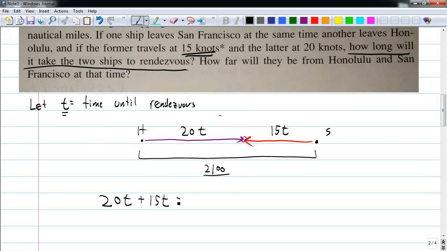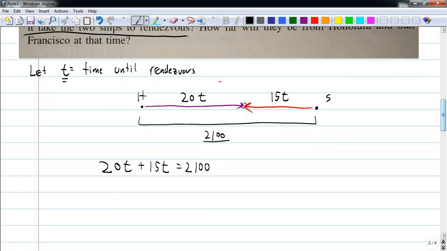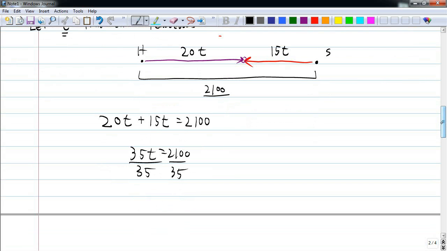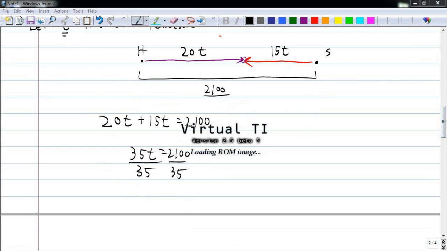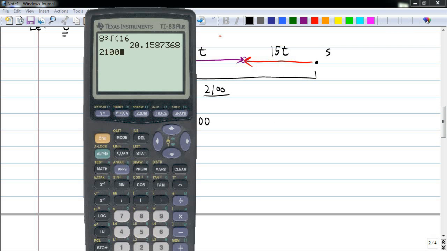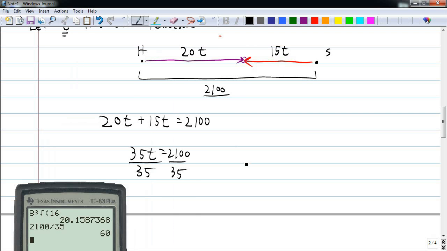Well, this equals 2,100. And with this setup, I can solve this problem. 35t equals 2,100. I divide each side by 35. I'm going to get 60 hours. It has taken 60 hours for these two ships to meet.